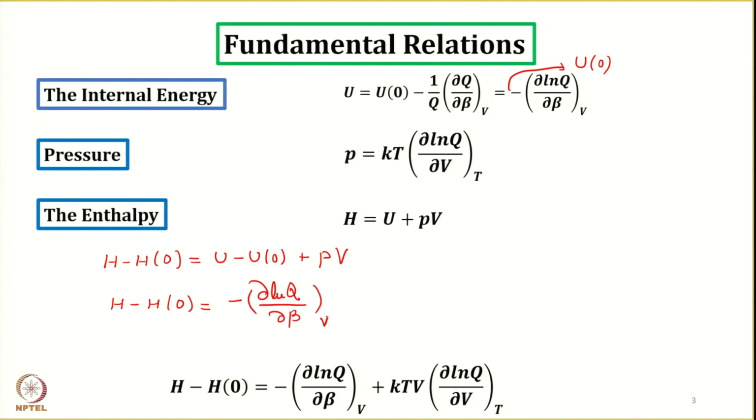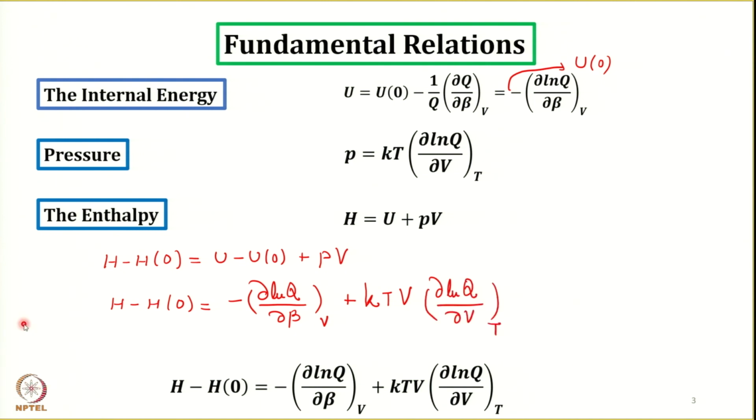P we already know, so it becomes kT, and V comes here, times del log Q by del V at constant temperature.